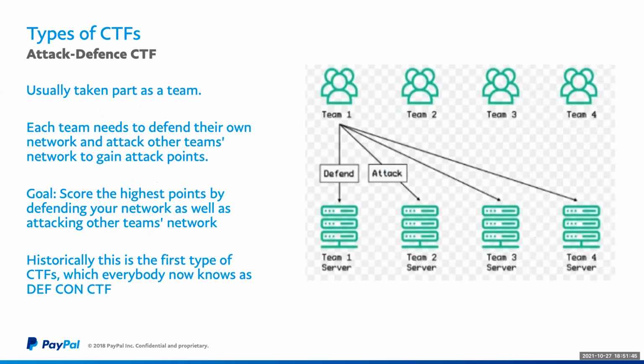For example, let me explain the scenario. If you take a look at this image, you can see there are 4 teams: team 1, team 2, team 3, team 4, and each team has their own server. Team 1 has the responsibility to protect their server. While protecting their server, they need to attack other servers to find the flags.